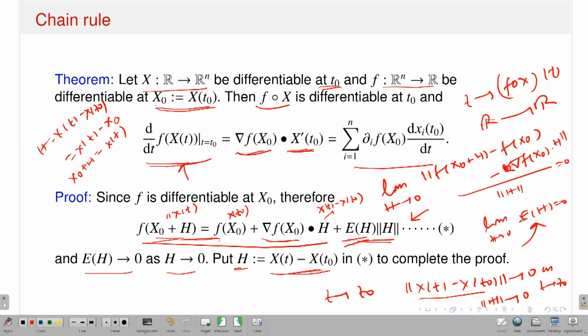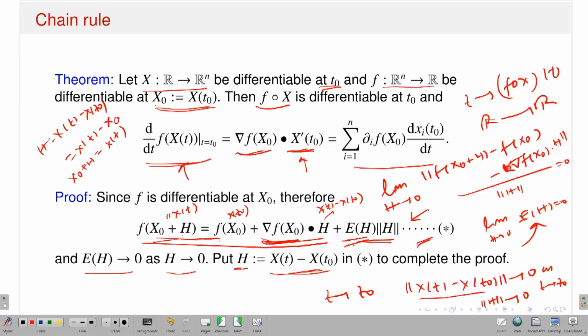What remains is the gradient of f at x naught times the vector x(t) minus x(t naught), divided by t minus t naught, and you end up with the derivative x prime at t naught.